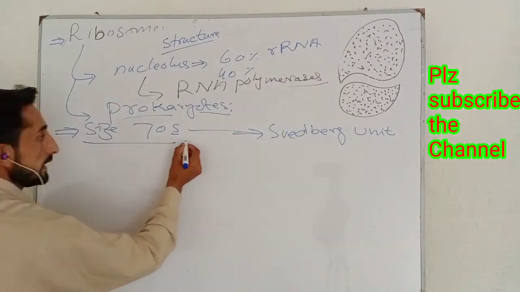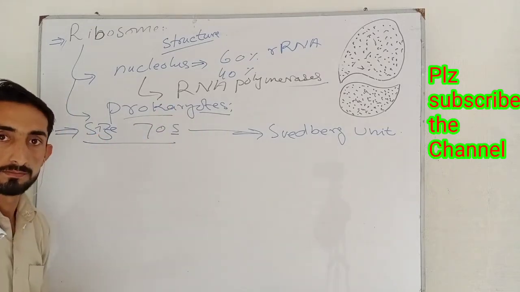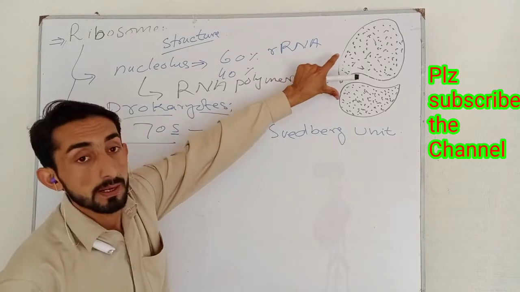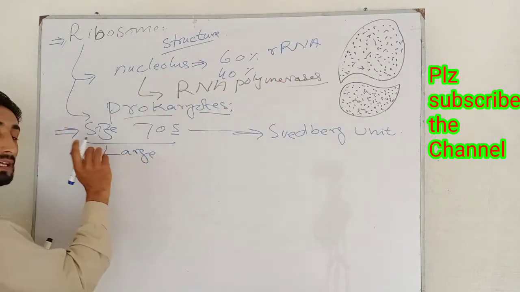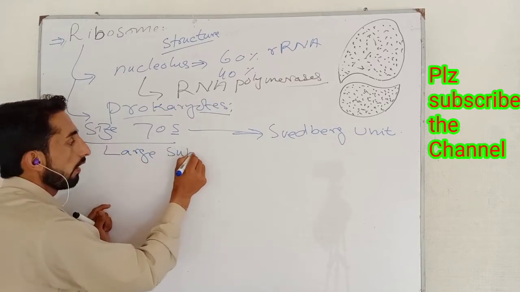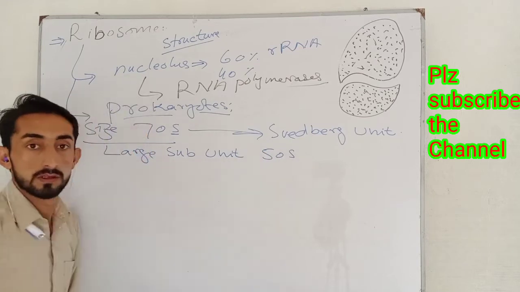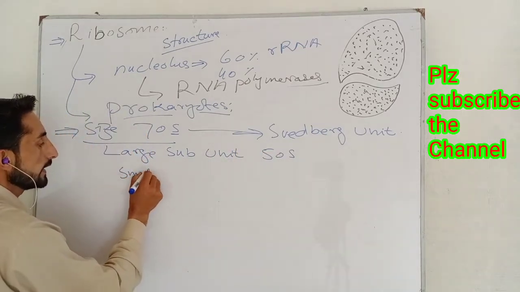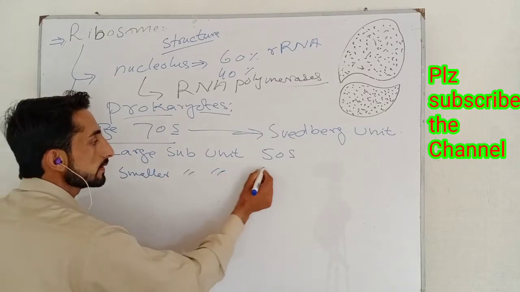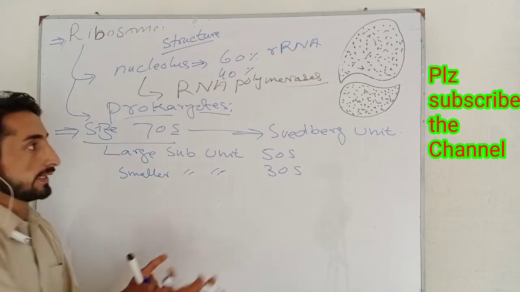So prokaryote ribosome in size is 70S. We already discussed that it is made up of two subunits. The large subunit is 50S, 50 Svedberg units, and the smaller subunit is 30S in prokaryotes.